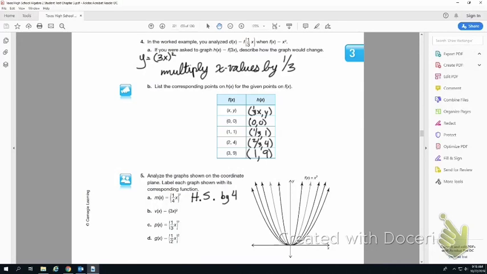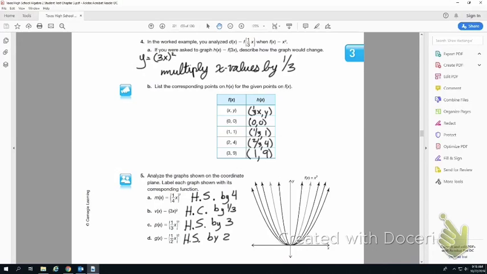Stretch. All right, Jeremiah, B. Horizontal compression. All right, Daniel, C. Stretch. Okay, Jacob, D. Stretch by 2. Awesome.